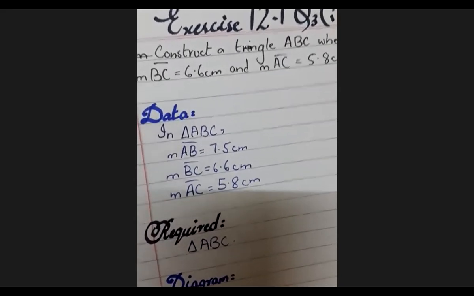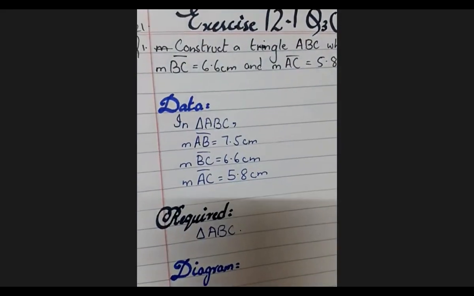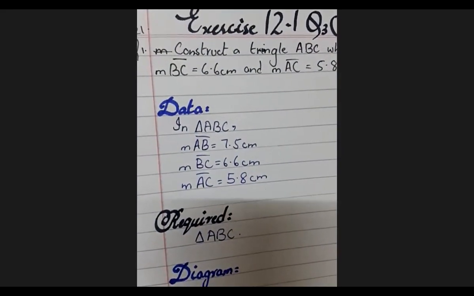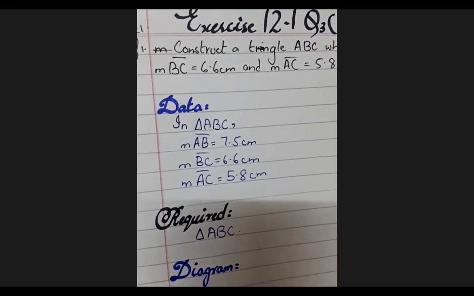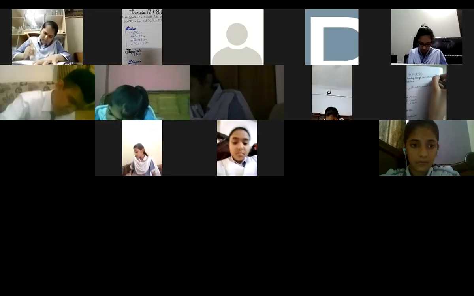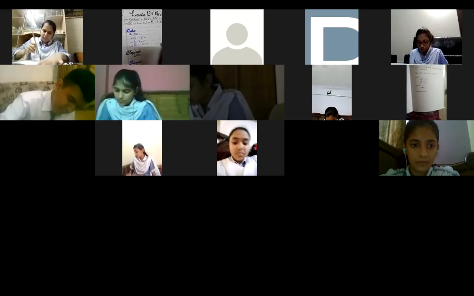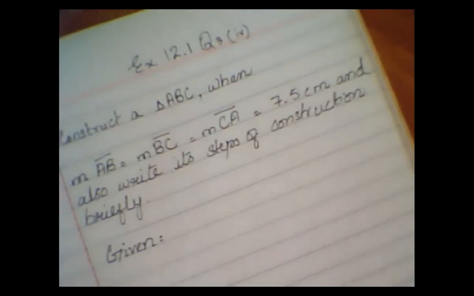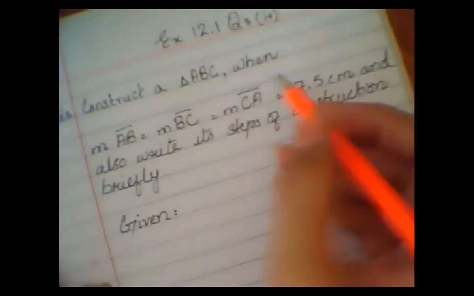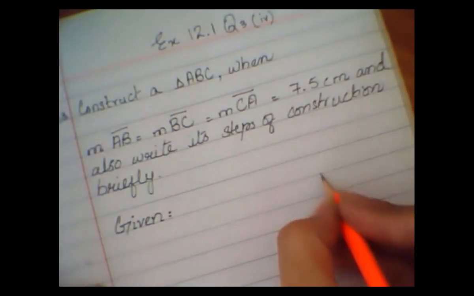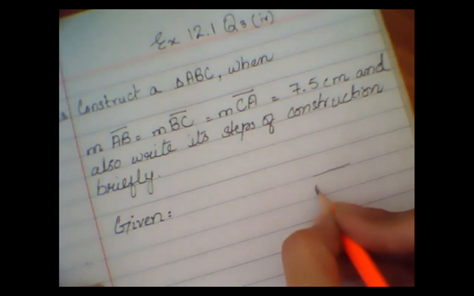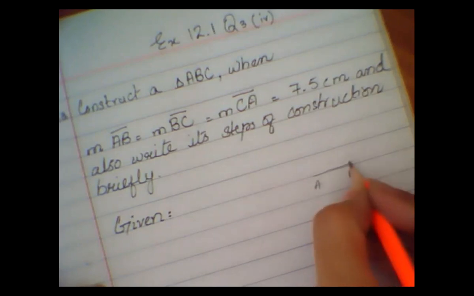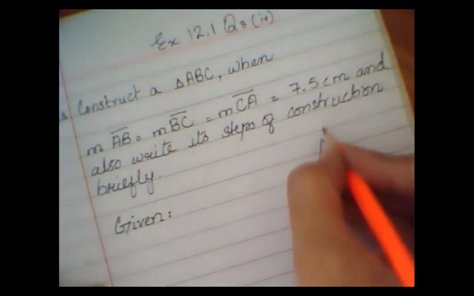Diagram. But we have to write steps of construction over here, and we have to construct a rough sketch in the corner. If we are having this question, for example, we can construct a rough sketch like this: AB, then BC and CA.